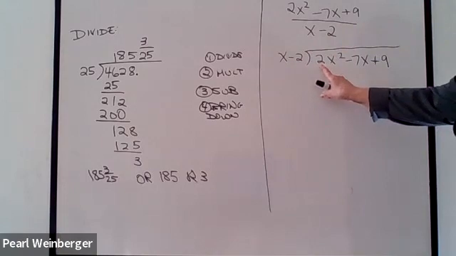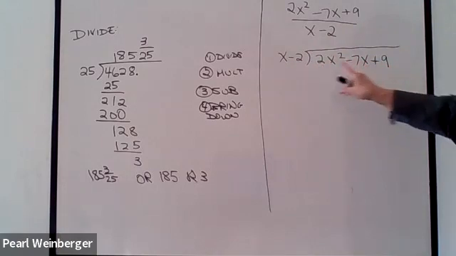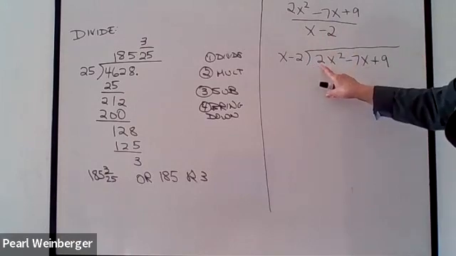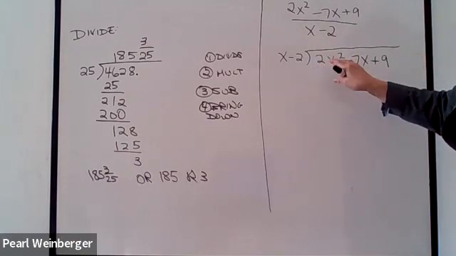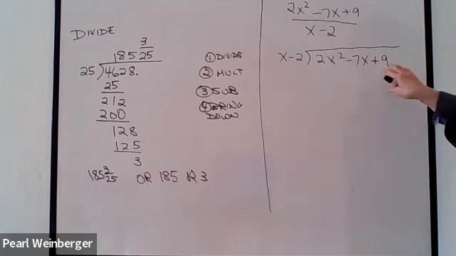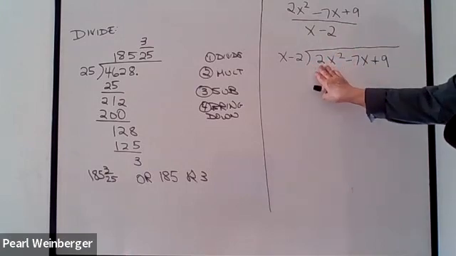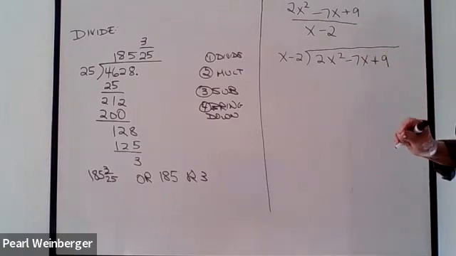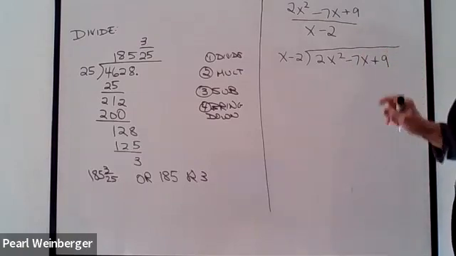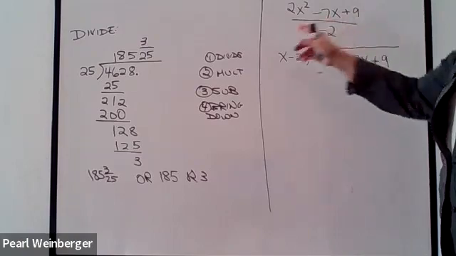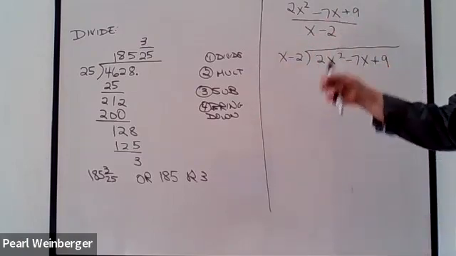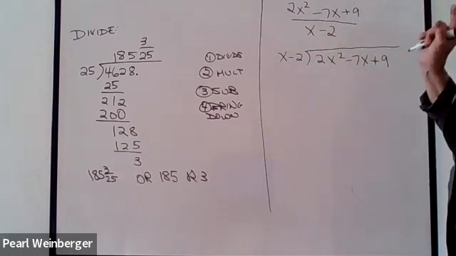We have to be very careful, though, that what we have here is in what we call descending order. If the terms are not in the right order, I've got to put them in the right order: the x squared term first, the x term, then the number. Okay. Now we're going to use these 4 steps: divide, multiply, subtract, bring down.